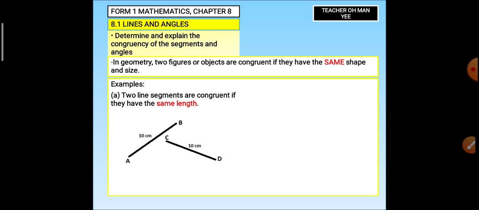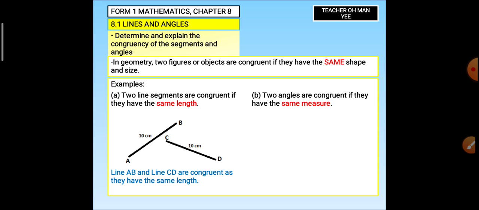Okay, so here we have two line segments, which are AB and CD. We can conclude that line AB and line CD are congruent because they have the same length, which is 10 cm. And the second example, two angles are congruent if they have the same measure.